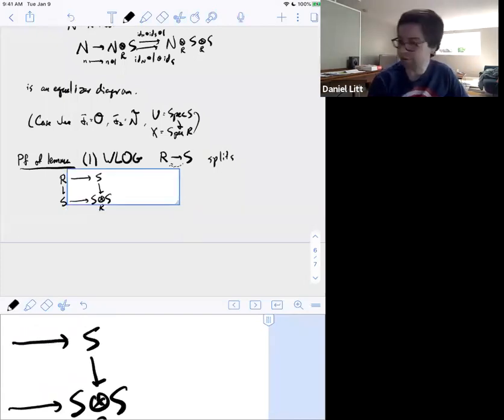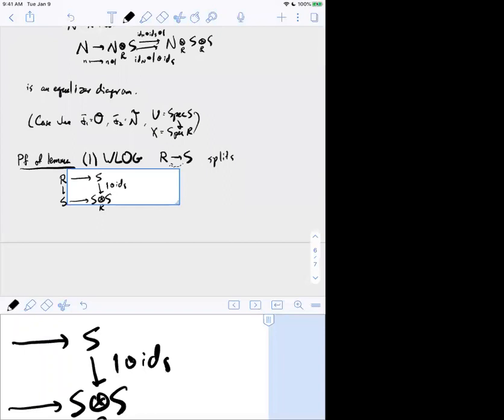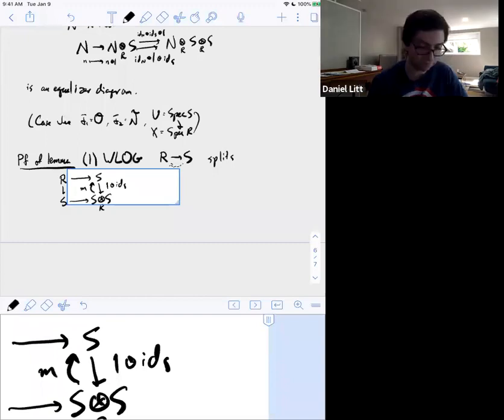Here, this map is one tensor identity S. It's just multiplication. Yeah, so this has a section given by multiplication.